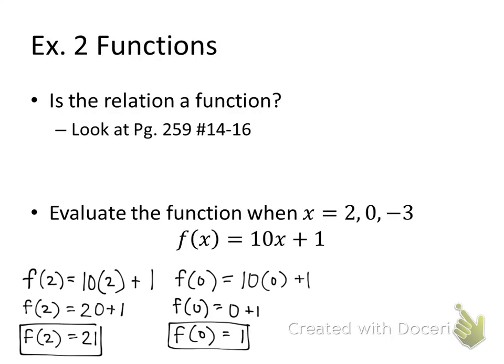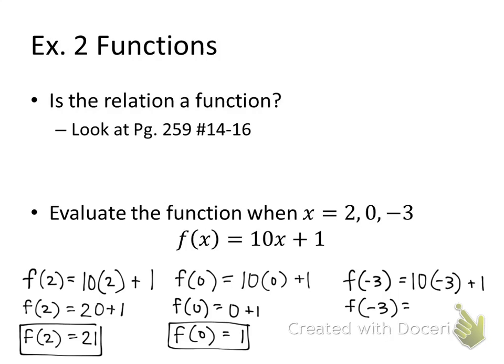And last but not least, we need to plug in a negative 3. So we're going to say for the function of negative 3, I get 10 times negative 3 plus 1. Dion, what am I going to do first? Isn't that negative 20?